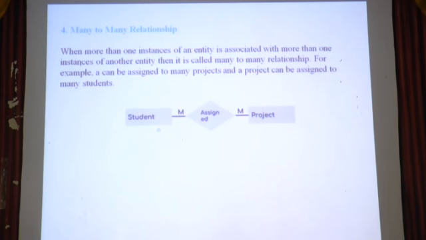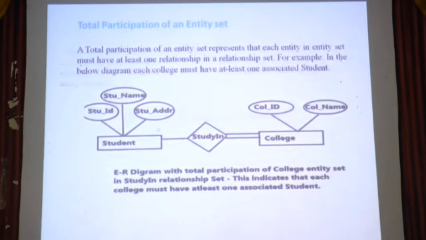Many-to-many relationship. When more than one instance of an entity is associated with more than one instance of another entity, it is called a many-to-many relationship. For example, a student can be assigned to many projects, and a project can be assigned to many students. So this is the example for many-to-many relationship.